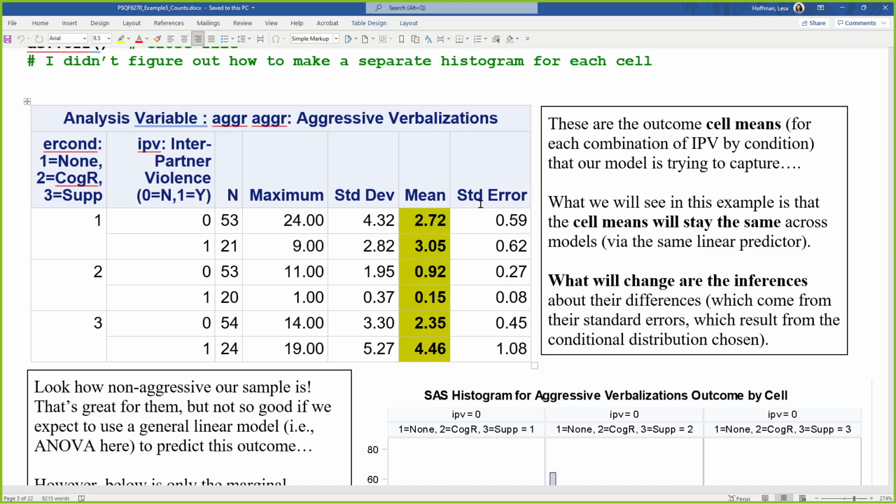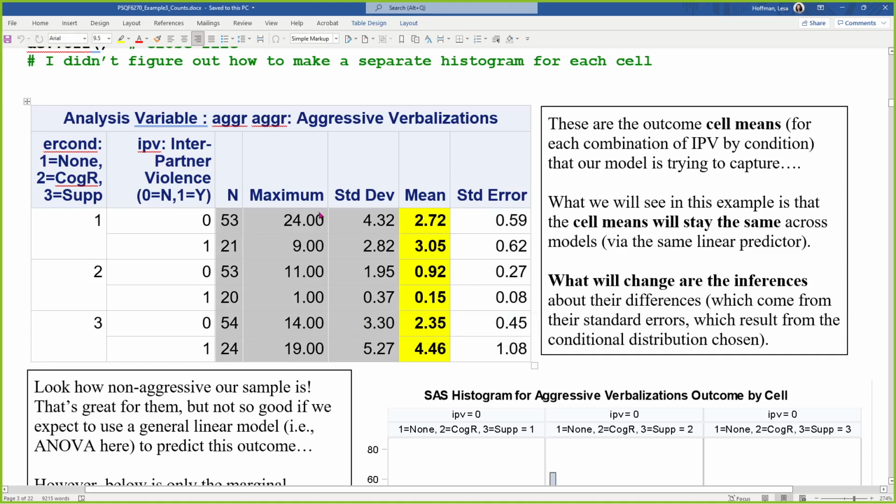What the models are going to get wrong, potentially, is this part right here, standard error. The 2 things that go into standard error are the within group variance for that unique combination and the within group sample size. So I've printed those things off to the side here to try and highlight how different these conditions are. First off, there's a whole bunch more people in the no IPV group than in the yes IPV group. So there are more people who have not been mean to their partners, which is a good thing.